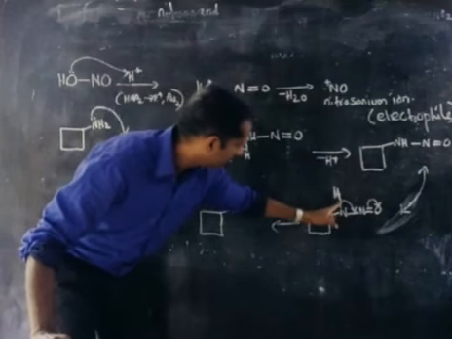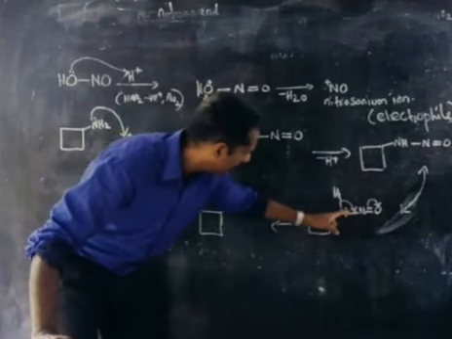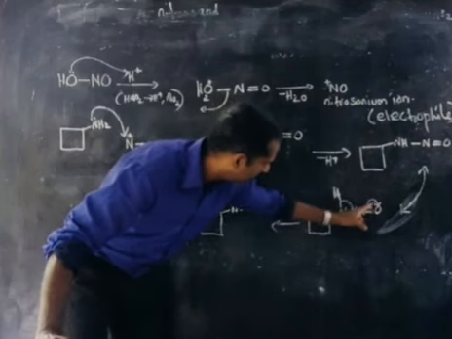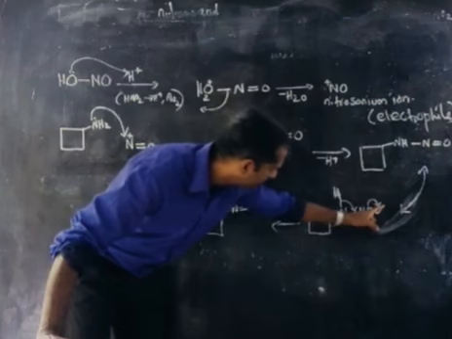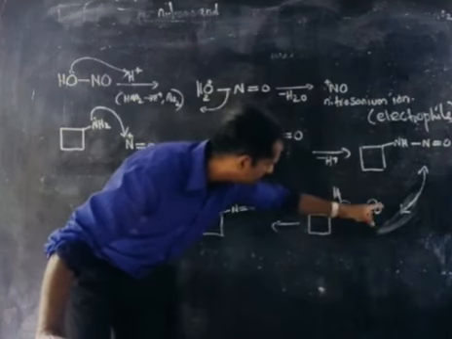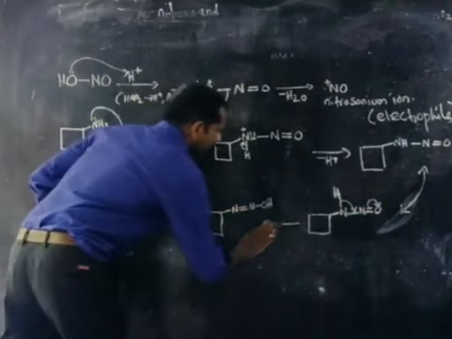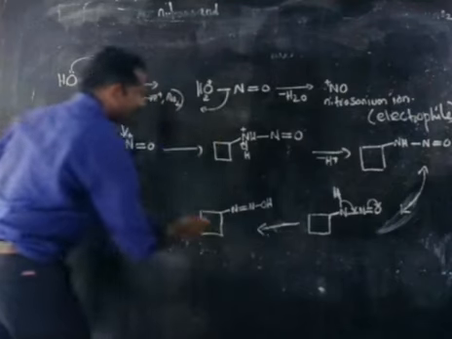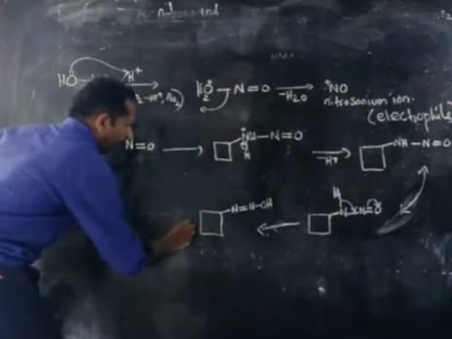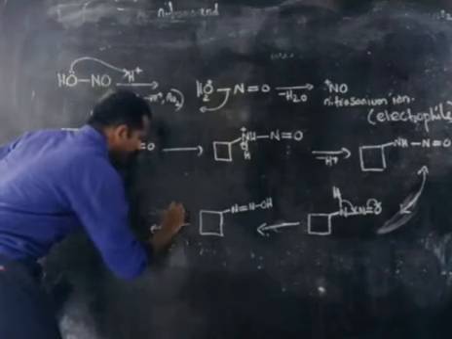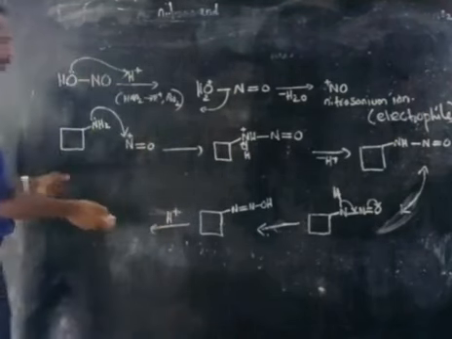Once again, NH. There is a proton shift. This bond is shifting to here, that means N double bond N. The bond pair electrons are moving to oxygen, so minus, then H plus is attaching to oxygen, so OH. Now in this product, H plus is present in the medium and will attach.